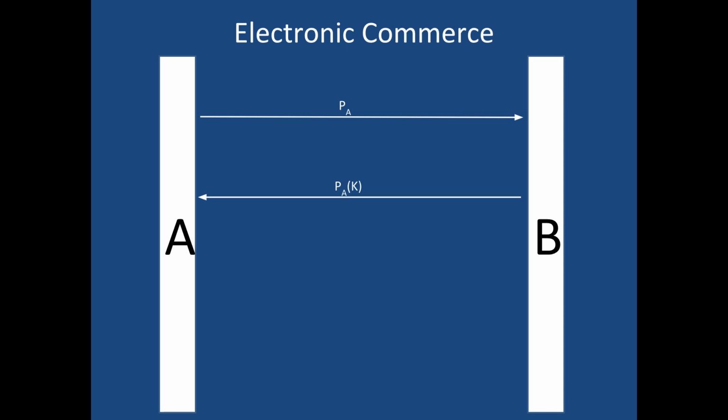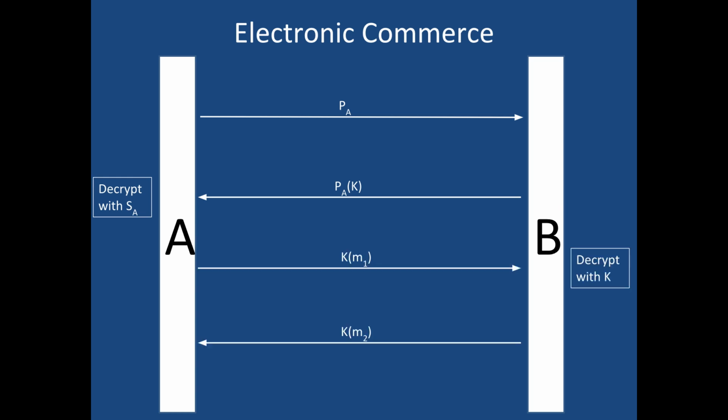So the browser generates an AES key, encrypts it using Amazon's public key, and sends it to Amazon. Now Amazon can decrypt with its secret key, and now it knows K, and then they can communicate as before. So the RSA is just used for that first step of transmitting the AES key. And then you've got the quicker AES encryption to do the bulk communication.